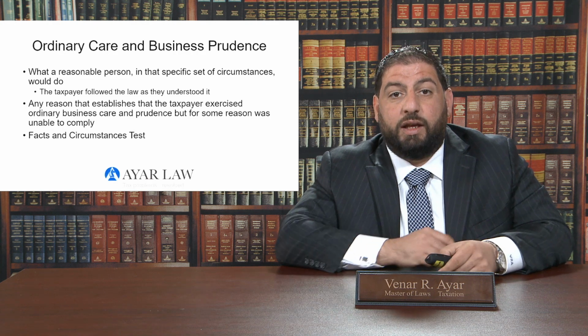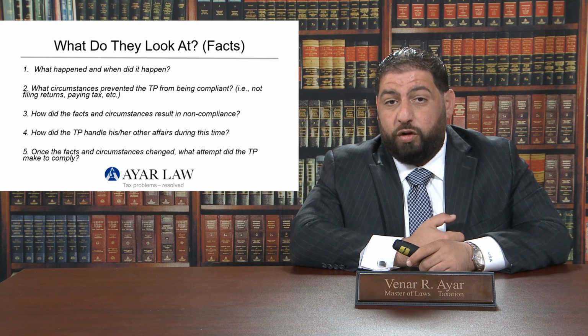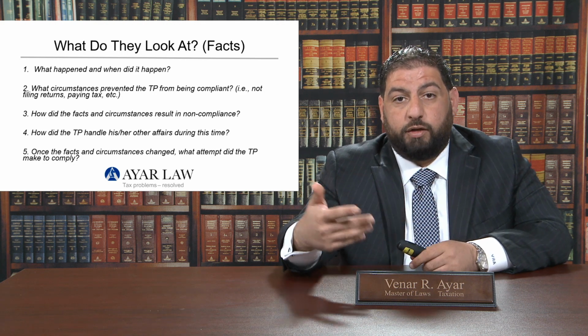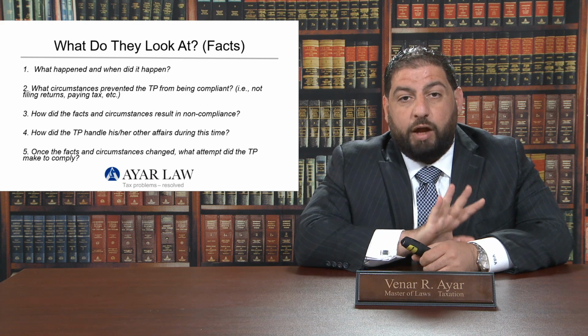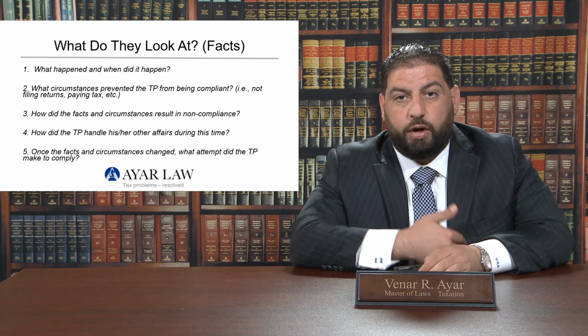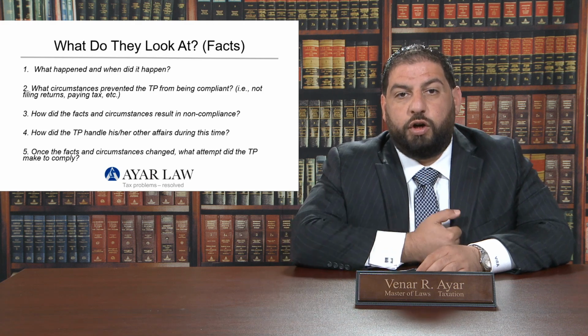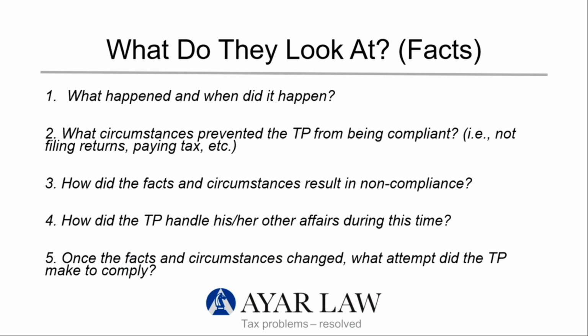This, again, is a facts and circumstances test. So the question is, what are the facts that they would look at? Under the Internal Revenue Manual, there are five things that the IRS is supposed to consider when they're trying to determine if somebody exercised ordinary business care and prudence. What happened and when did it happen?